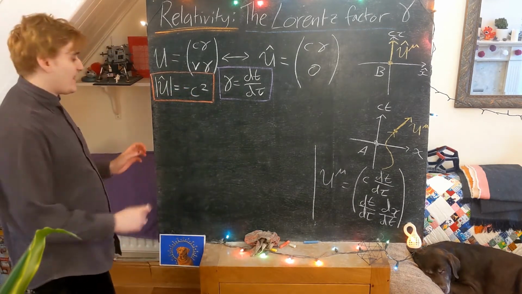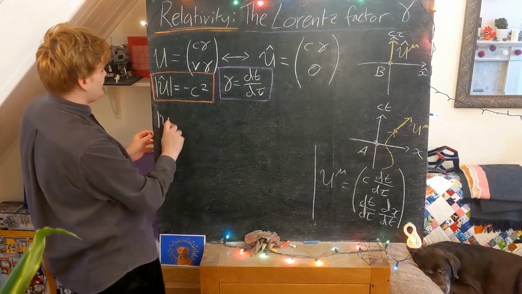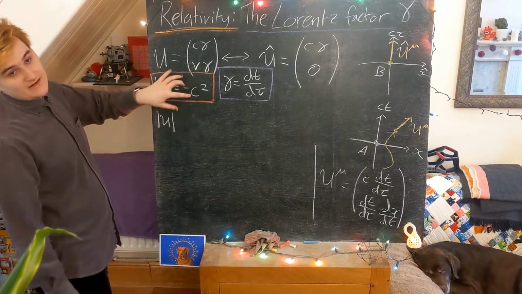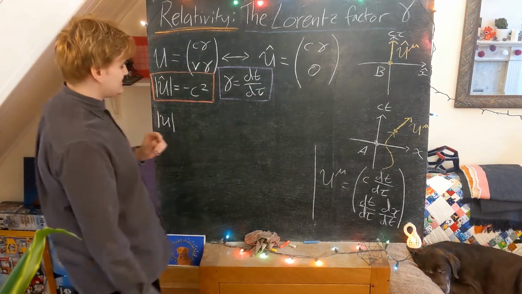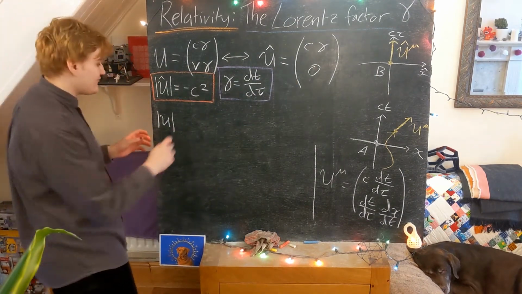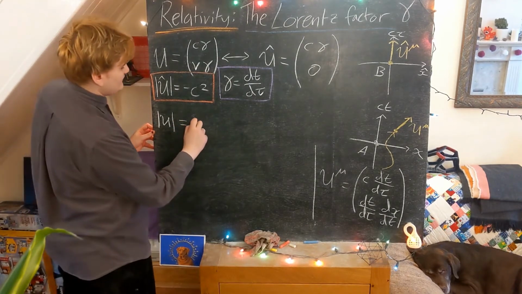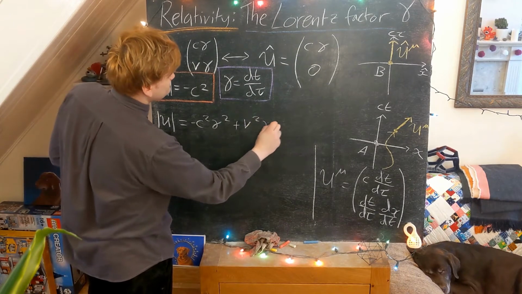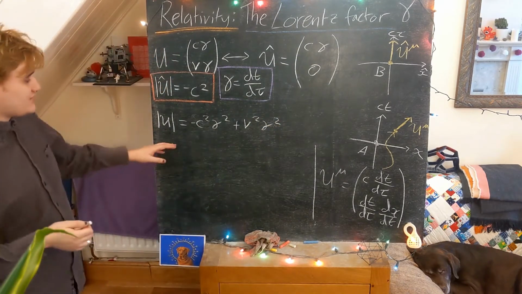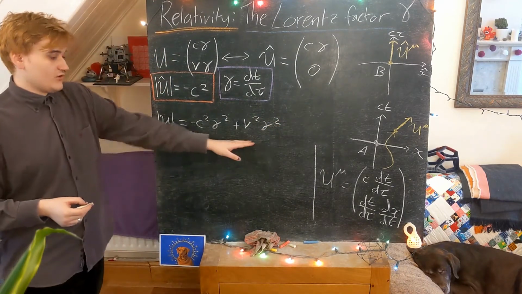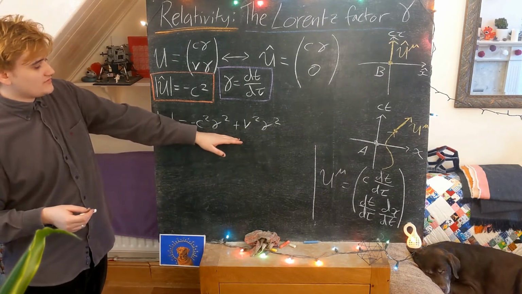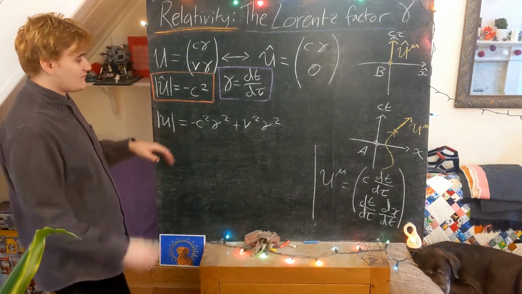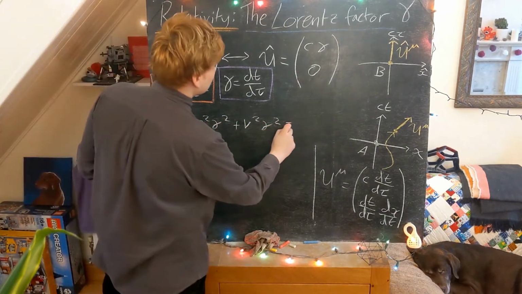So let me just rewrite what I had previously. I had that the length of now any 4 velocity, not necessarily the rest frame 4 velocity, but the length in any frame, is going to be just plugging in the expression we had before. Again, using the metric. If you're not familiar with this, go back and check in some previous videos. But now we know this length has to be equal to minus c squared.